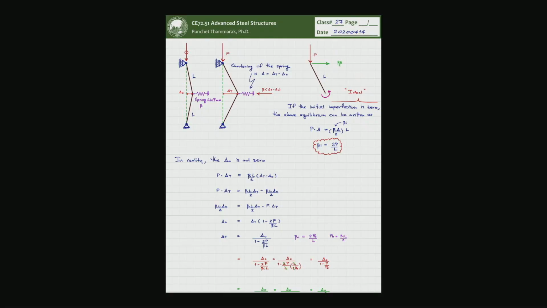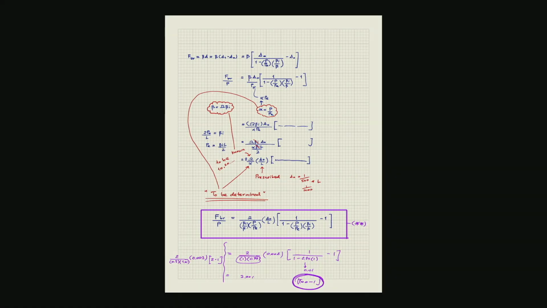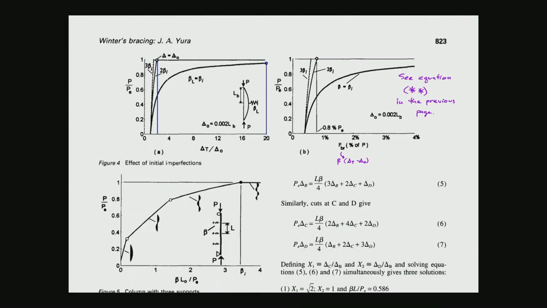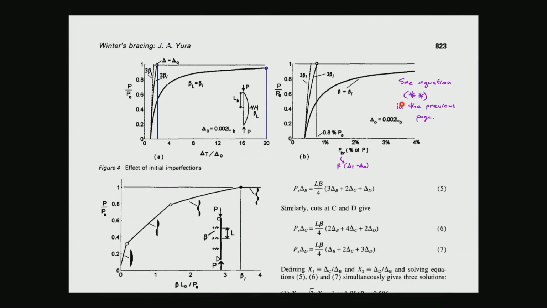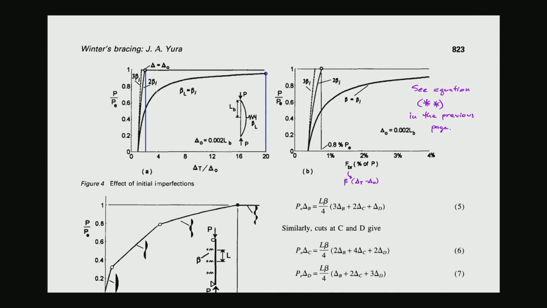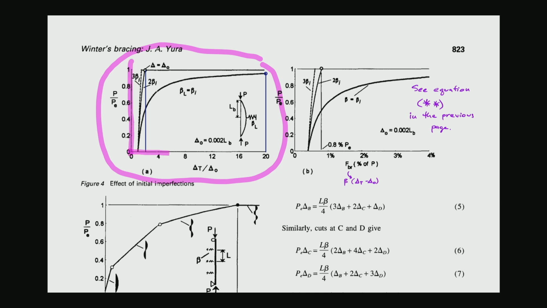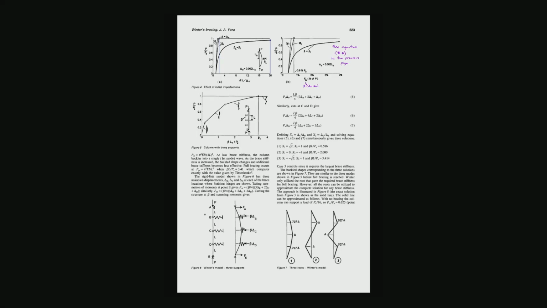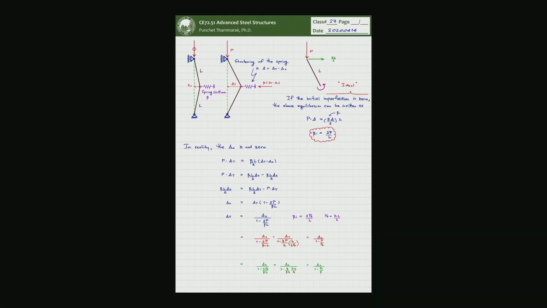So we'll see. You can come to this graph here. Over here, the plot is between first the P over PE ratio and the delta T over delta naught. If we can rearrange, right?